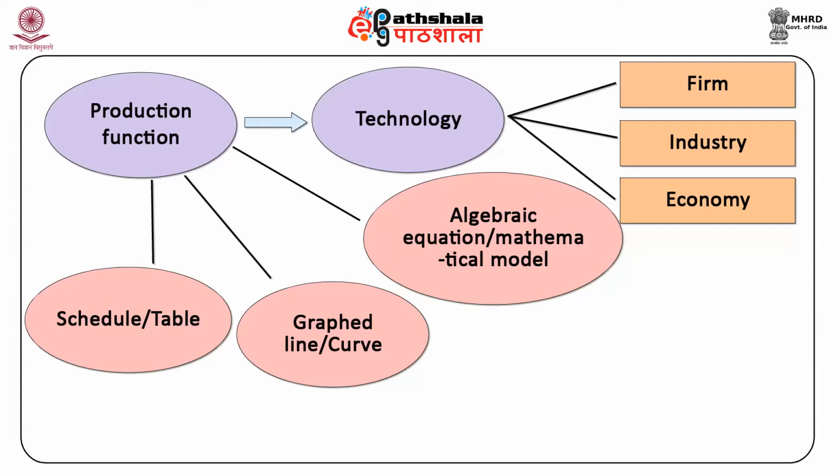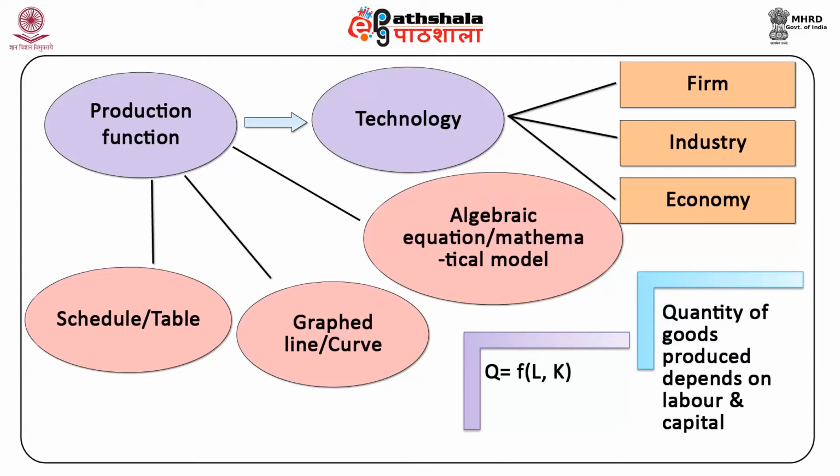However, for simplicity, economists have modified the above production function into Q = F(L, K), where the quantity of goods produced, that is, production, depends on labor and capital.